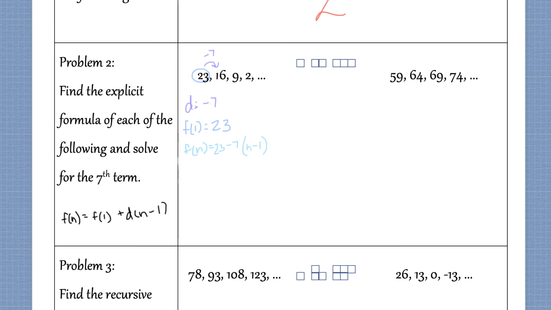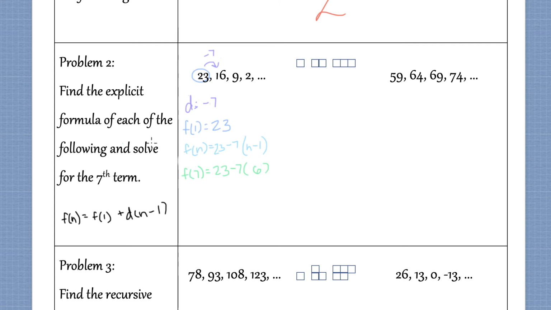Now that we have our explicit formula, what we're going to want to do is solve for the 7th term as it says right here. And so we're going to plug in a 7 everywhere we see n. And so we're going to write f of 7 is equal to 23 minus 7 times 7 minus 1. And 7 minus 1 is actually 6. And so I'm going to replace the 7 minus 1 over here with a 6.